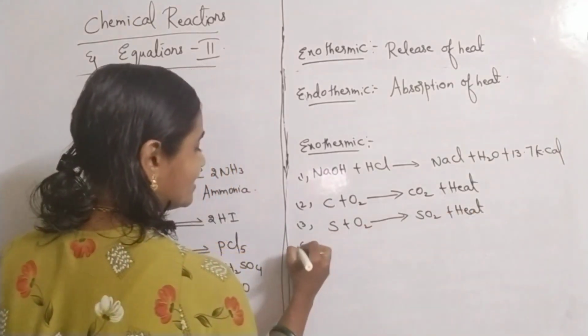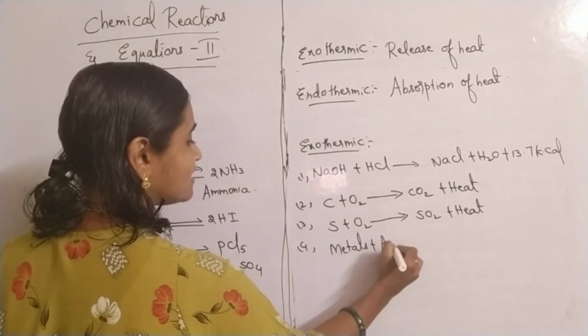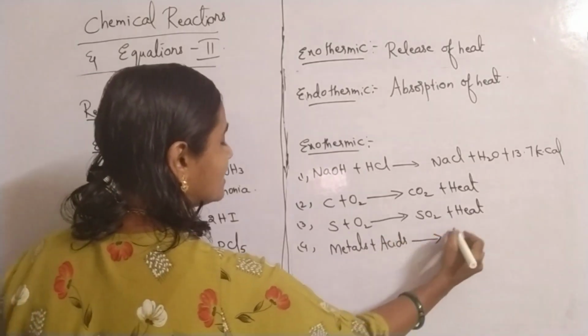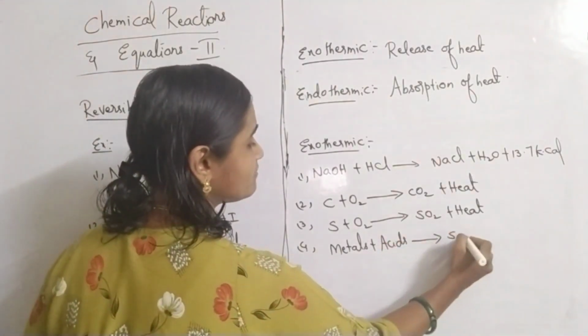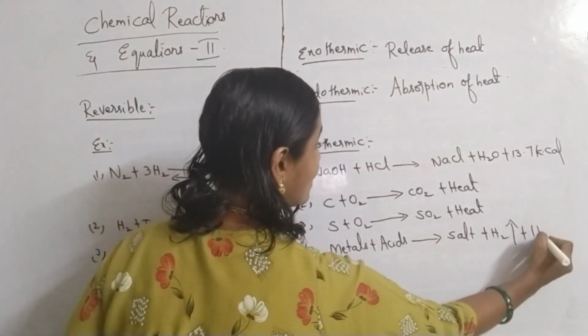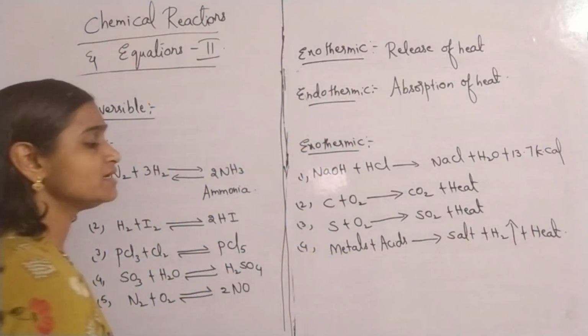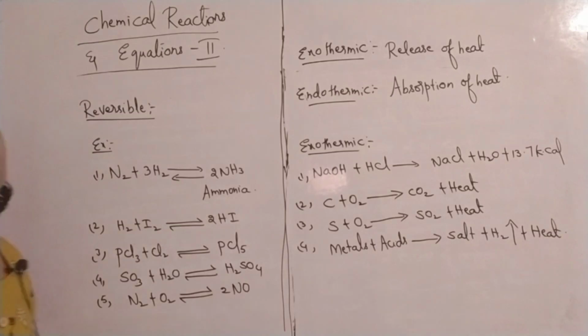Whenever any metals react with acids, it gives rise to metal salts plus hydrogen gas, and along with that heat energy is also released, which all comes under exothermic reactions, reactions in which heat energy is released.